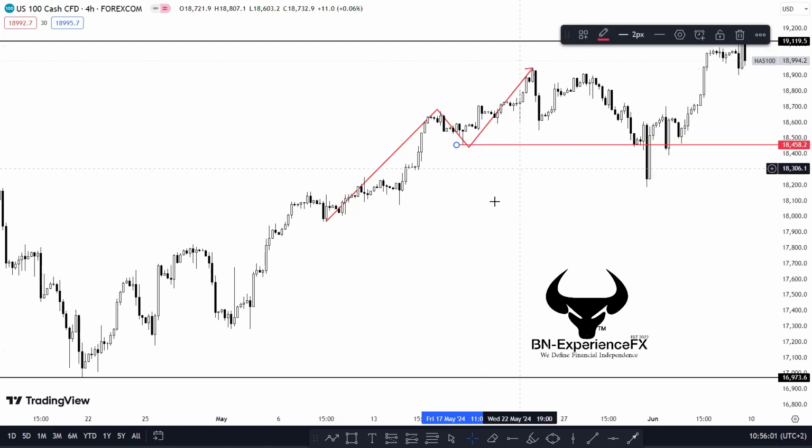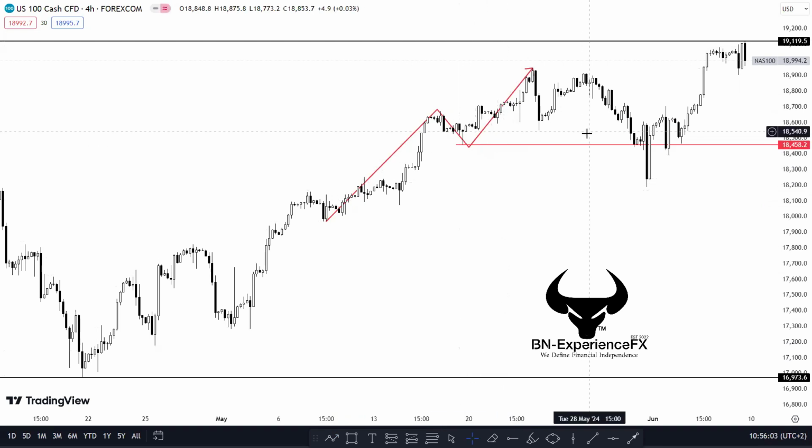Okay, I can even use the red one. As long as the price is still above this higher low, you can still look for buys. And the perfect place to actually get your buys would be here. Then the market was playing around before it actually gave us that movement.